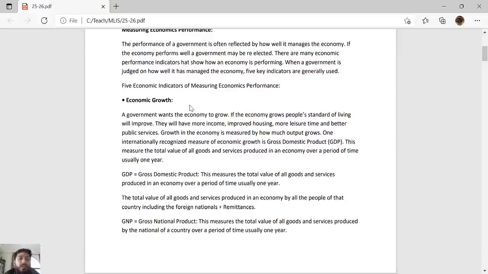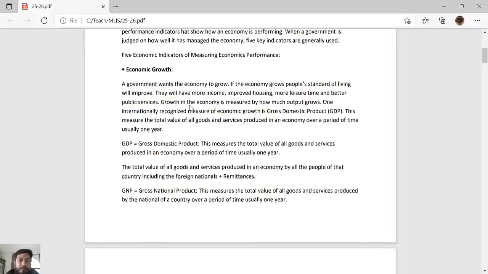But if the economy is not doing well, these indicators will show a negative effect. So let's focus on economic growth.